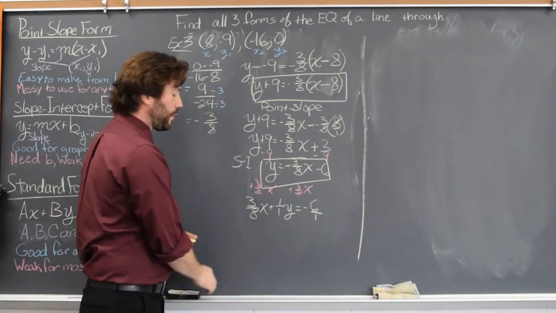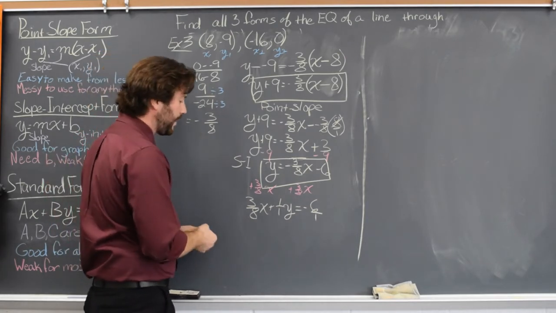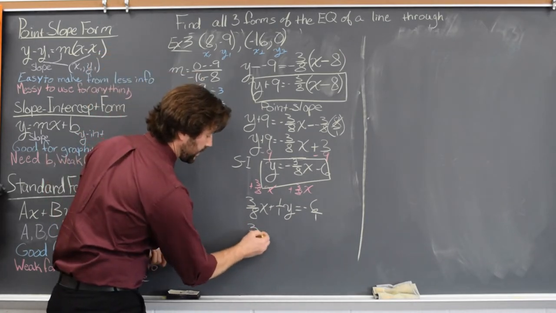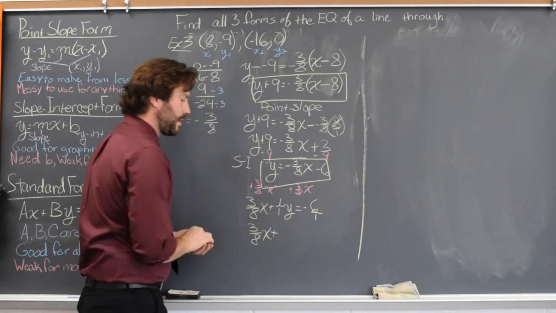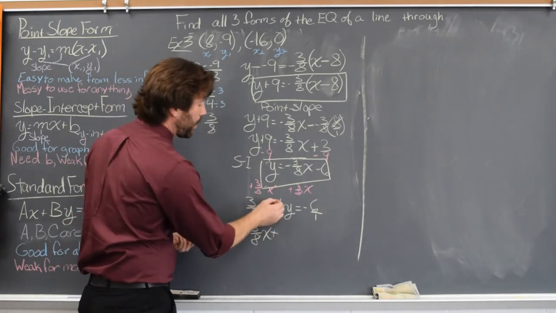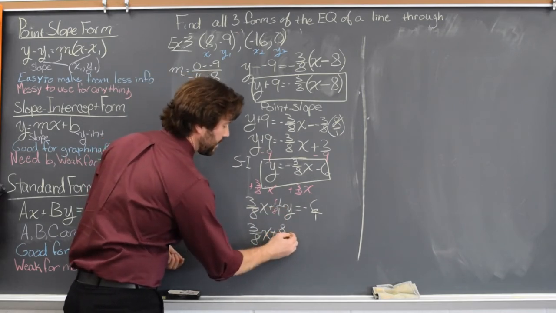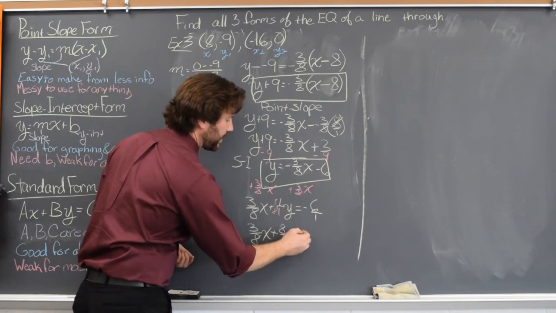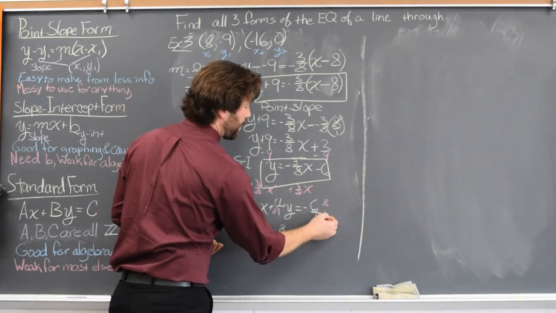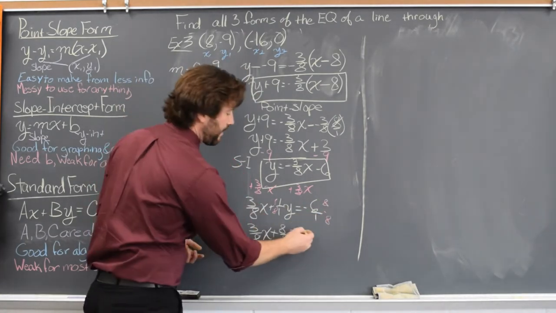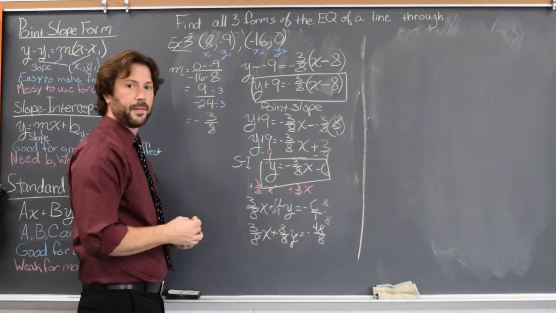Now, if I write each of these with a common denominator, all something over 8, the 3/8 x gets to stay the same. Plus this 1 over 1 y, multiplied top and bottom by 8, I'll have 8 over 8 y, equals, for the negative 6, multiply top and bottom by 8, and I'll have negative 48 over 8.